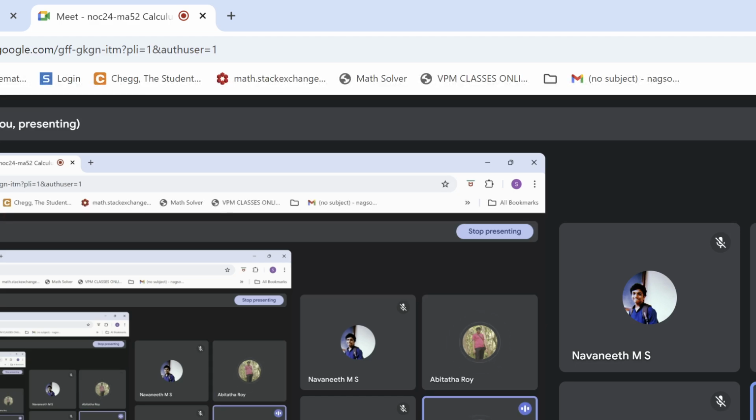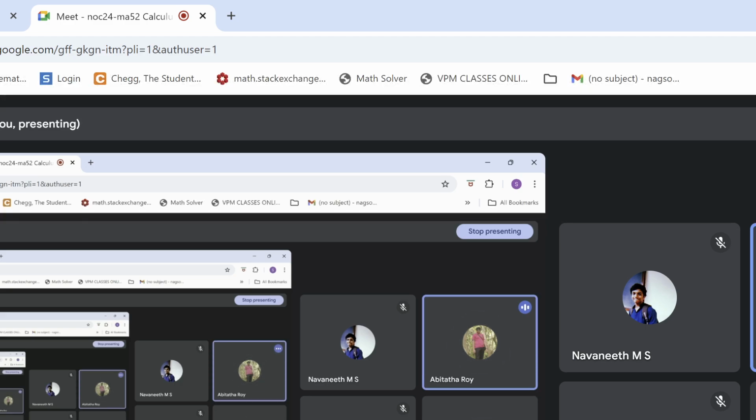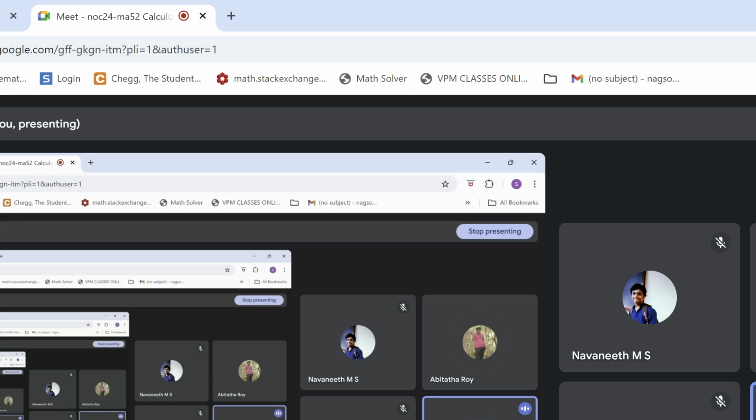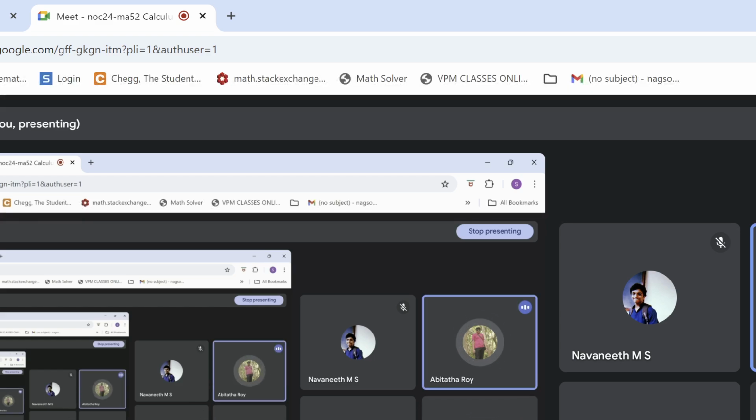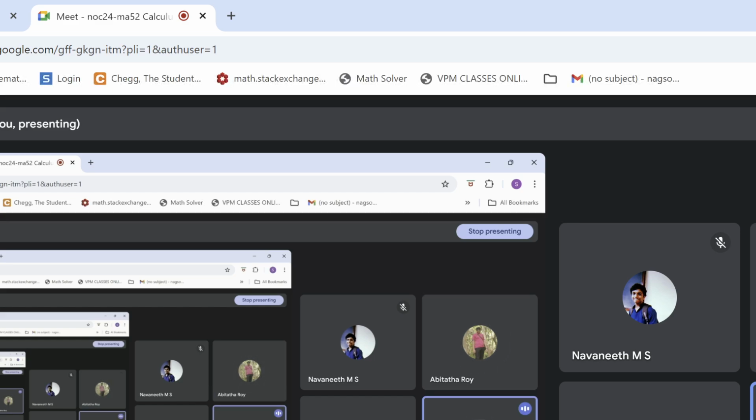You cannot solve sin y by y directly by direct integration, you have to do by parts. By parts is the only option, right? But when I do by parts, I keep getting 0, like that. It is going to zero.